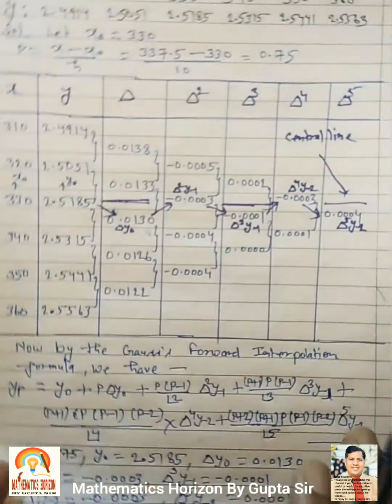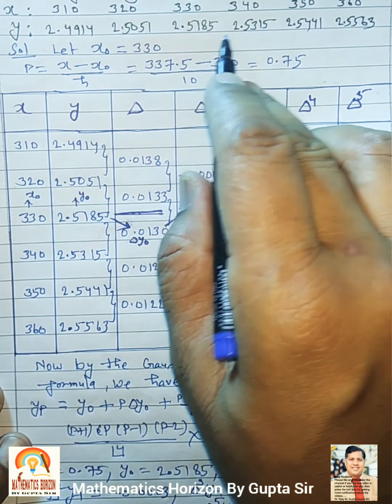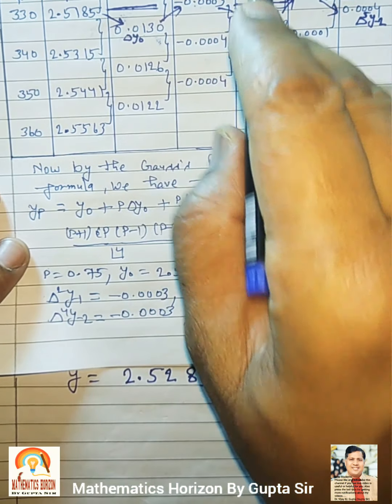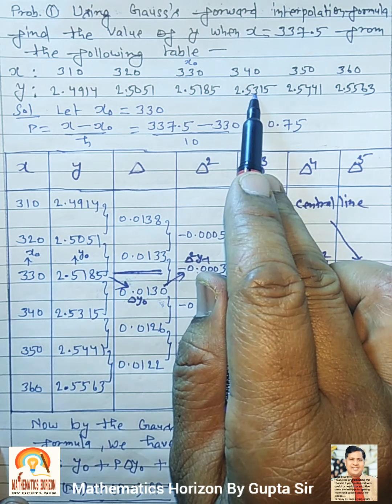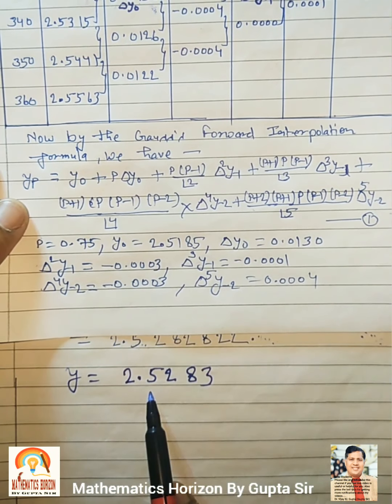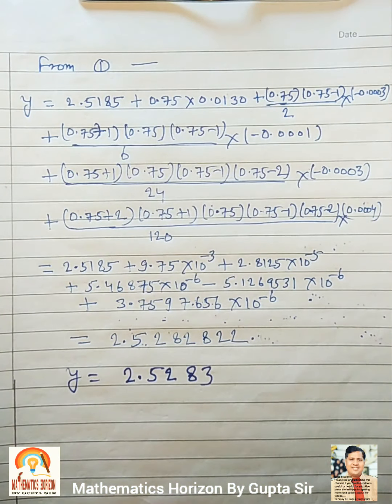Okay, for x equal to 337.5, definitely this value will be in between these two, 2.5185 and 2.5315. At 337.5 we have 2.5283, and this is the final answer.